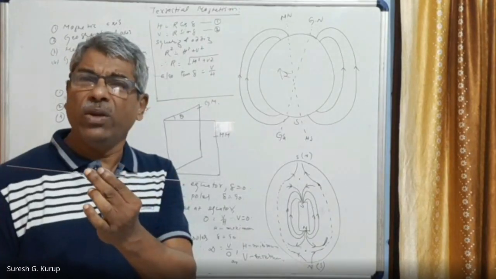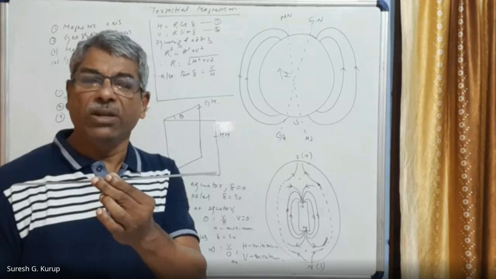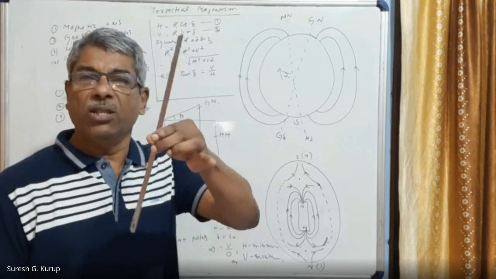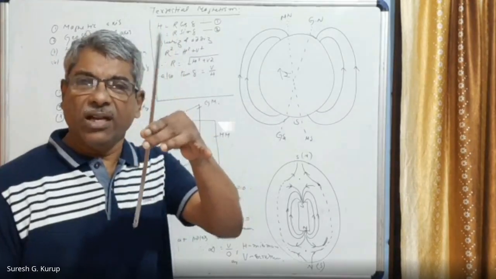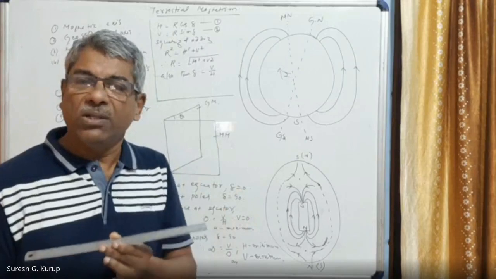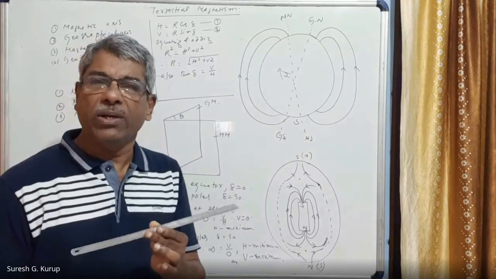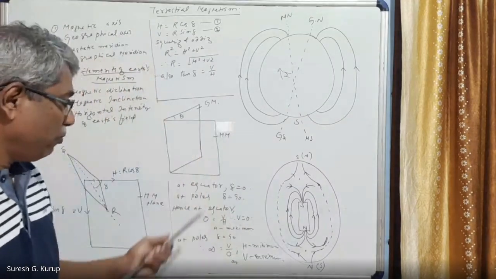But when we go from the equator toward the poles, you will see that one pole is lifting up, it is moving up. And when it reaches the pole, it becomes quite vertical. That is why we say that at the poles, angle delta is equal to 90 degrees, and at the equator, delta is equal to zero. So this relation can be used to find that.